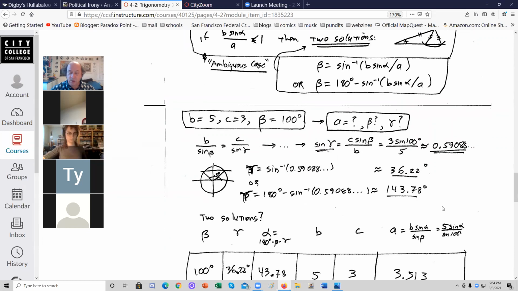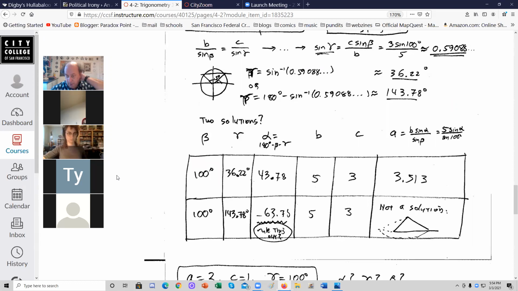So there's 2 solutions. To properly answer this, you should give both, you could do a table with 2 sets of answers. So beta is 100 degrees, B is 5, C is 3, gamma is 36.22 here, or 143.78 here.